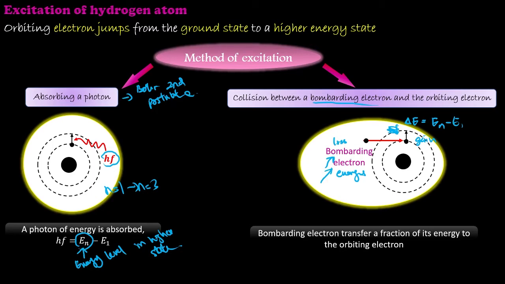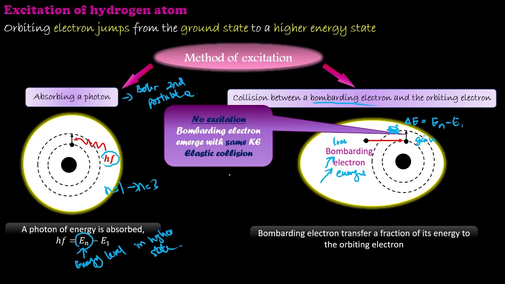Of course, in these collisions there are two possibilities, two types of collisions. One is called elastic collision. What is an elastic collision? Let's say the bombarding electron collides with the orbiting electron, but this electron doesn't get excited. It doesn't transfer from the ground state to an excited state.